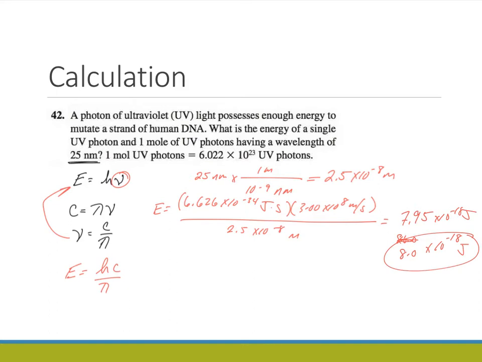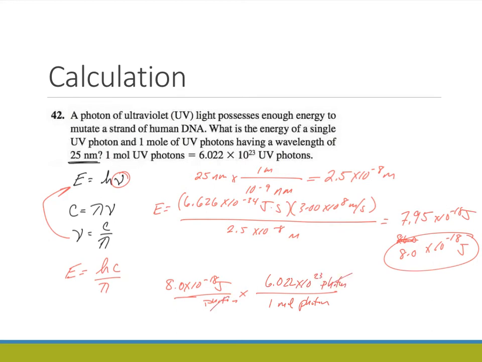Just one. Now, if we want to find out for a whole bunch of these particles, then I'm going to take that energy, 8.0 times 10 to the minus 18th joules per photon, and I want 1 mole. So 1 mole of photons and 6.022 times 10 to the 23rd photons.